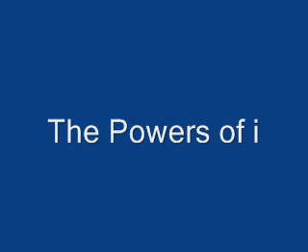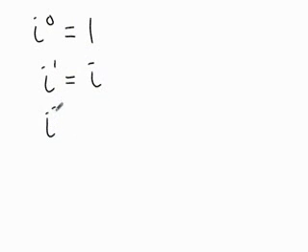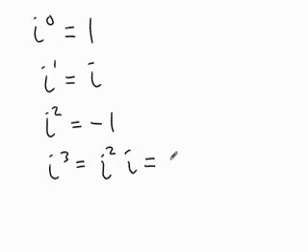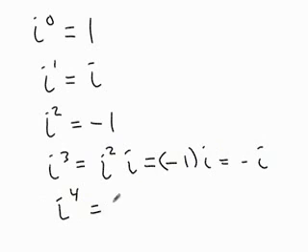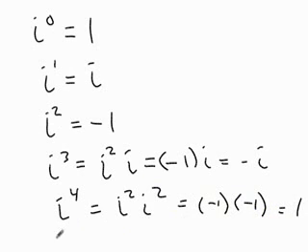It's worth a minute of our time to review the powers of i. i to the 0 power is equal to 1. i to the first power is i. i squared, well, that's defined to be -1. i cubed can be broken up into i squared times i, which is -1 times i, which is the opposite of i. i to the fourth can be written as i squared times i squared, which is -1 times -1, which is 1.